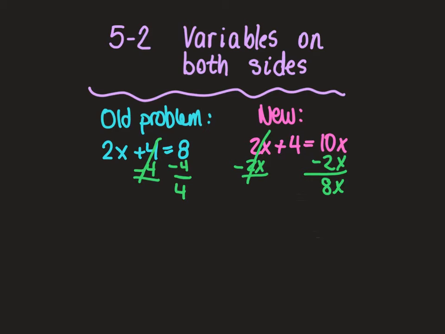Okay, in the old question, what would I do? My next step was to rewrite whoever was left: 2x equals 4. Well, that's the same thing I'm going to do right here. Rewrite: 4 equals 8x.